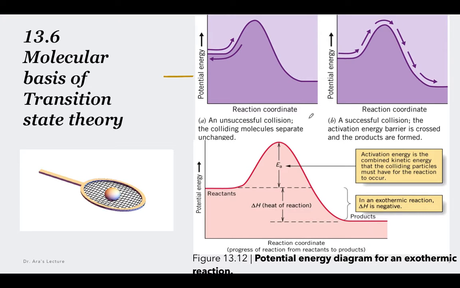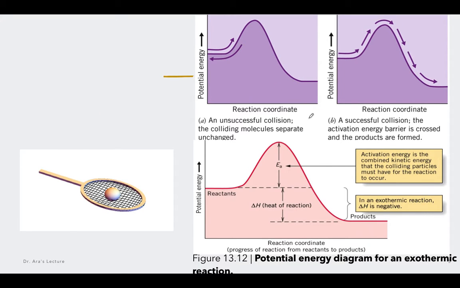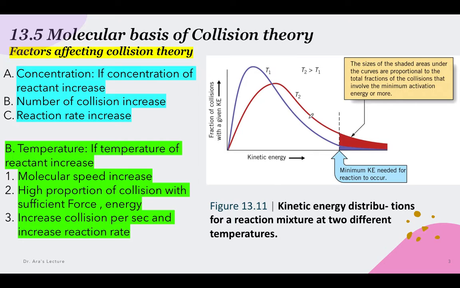Now, we already learned a couple of things from the beginning of chemical kinetics: for a successful chemical reaction, we need a sufficient amount of reactants to come close together to collide, and we also need some force or energy to collide.